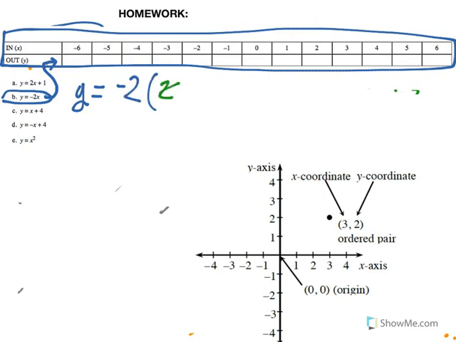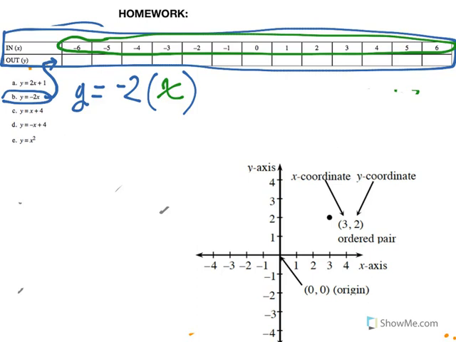Here's an x. Does that look like an x? No, it does not look like an x. Here's an x. That's our rule. So let's simply take all our x's right here that I've given you and plug them into this rule.